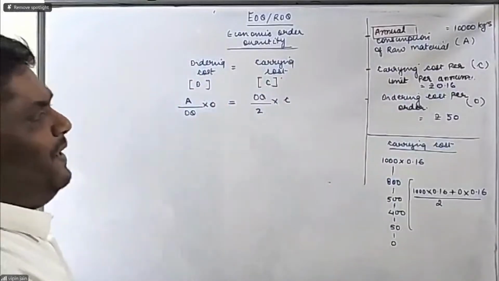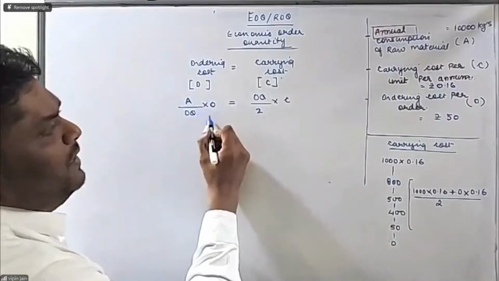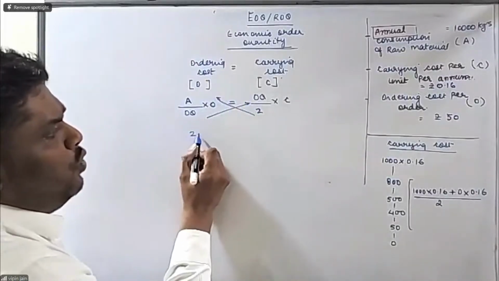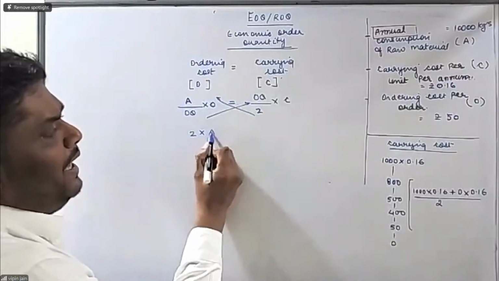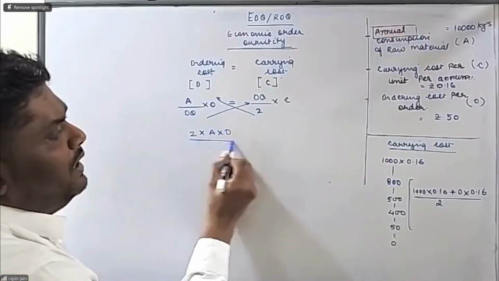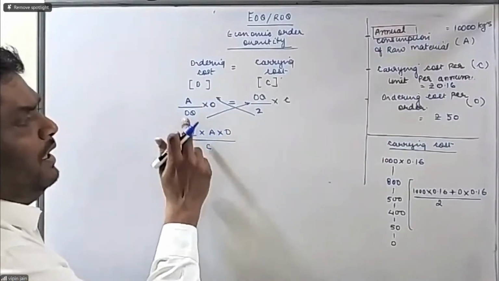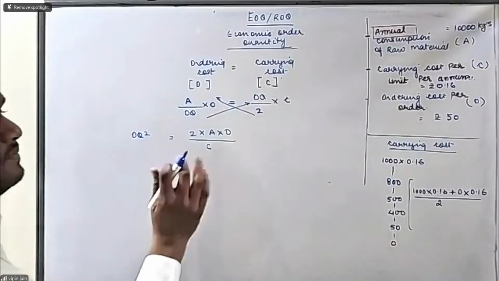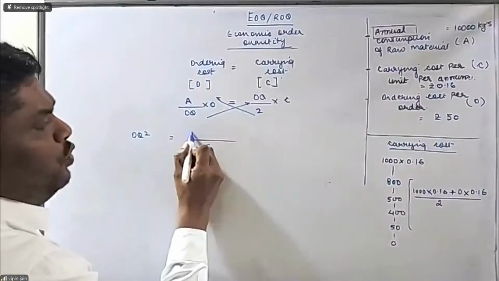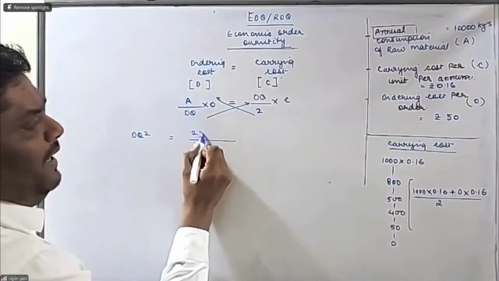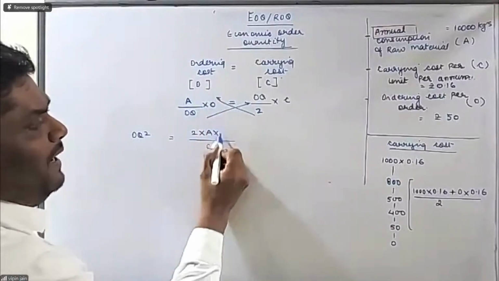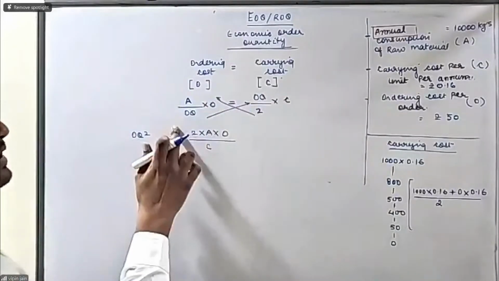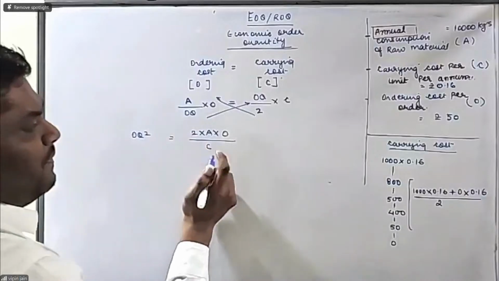Now let's simplify it. Cross multiply. So 2 into A into O divided by C. OQ and OQ, so this becomes OQ square. So 2 multiplied by A multiplied by O, and the C goes down, so it is C into order quantity.